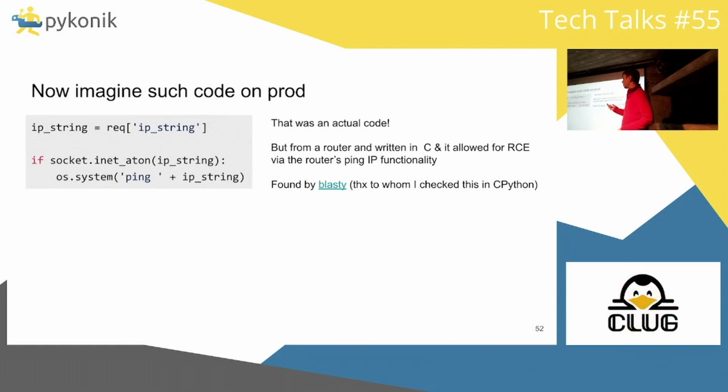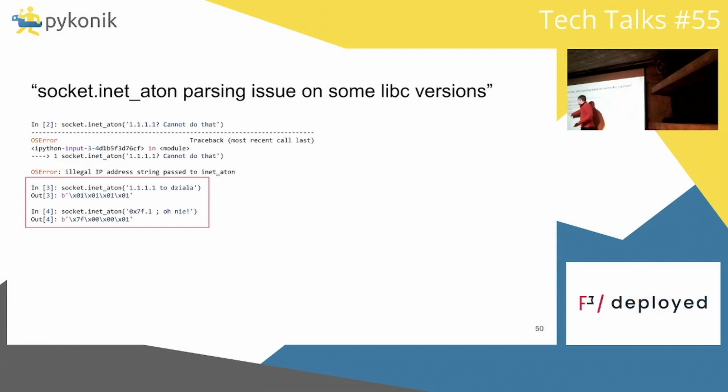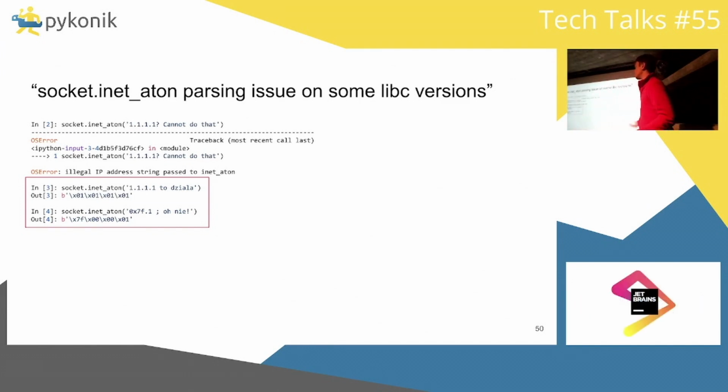Why? Because with os.system, ping and some IP string, you could pass some IP address and then this character, and then place any command here, and it will be executed by the system shell on the router.